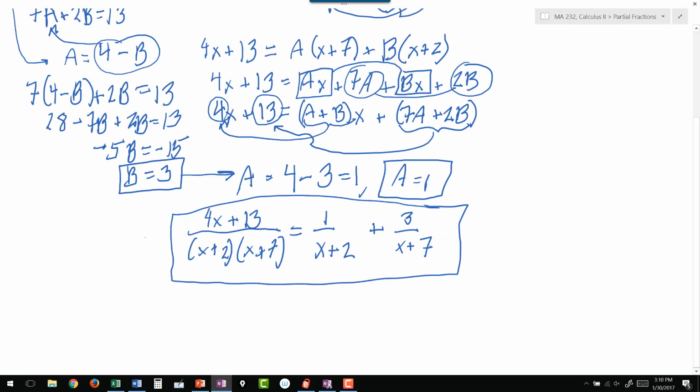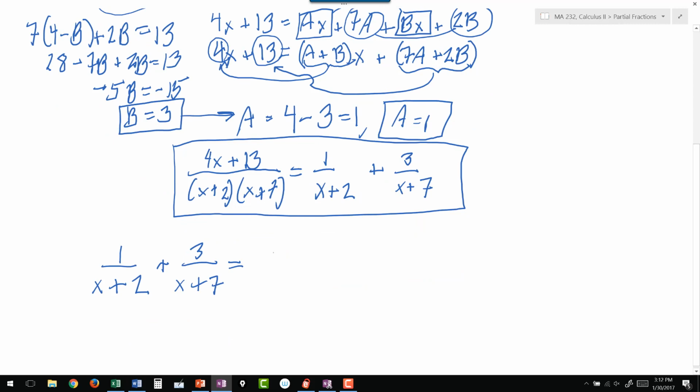It's useful at least once to check our work. So I'm going to do that here. And by check our work, I mean let's take the fractions 1 over x plus 2 and 3 over x plus 7, and add them together. And I'll get a common denominator.